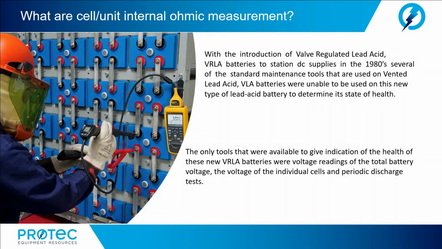The only tools that were available to give indication of the health of these new VRLA batteries were voltage readings of the total battery voltage or the voltage of the individual cell, and also periodic discharge tests.